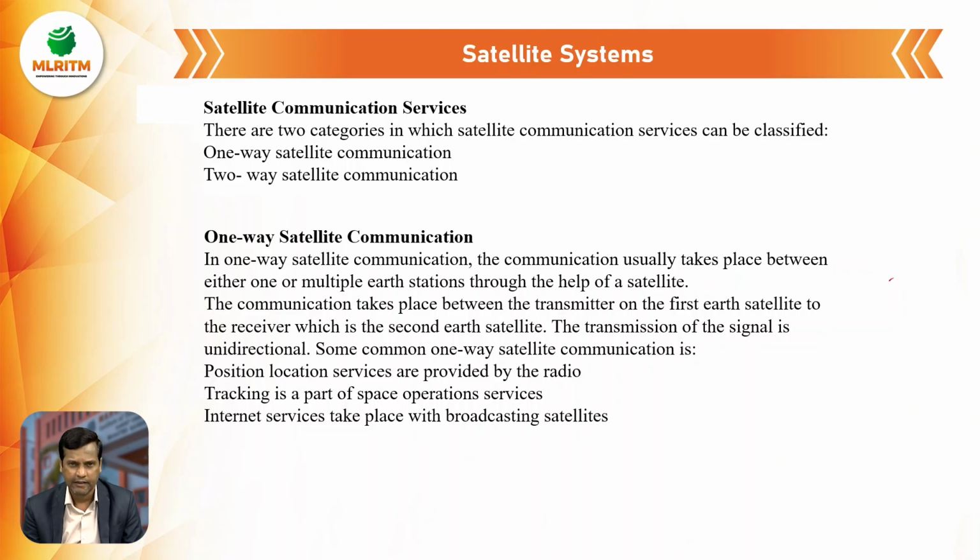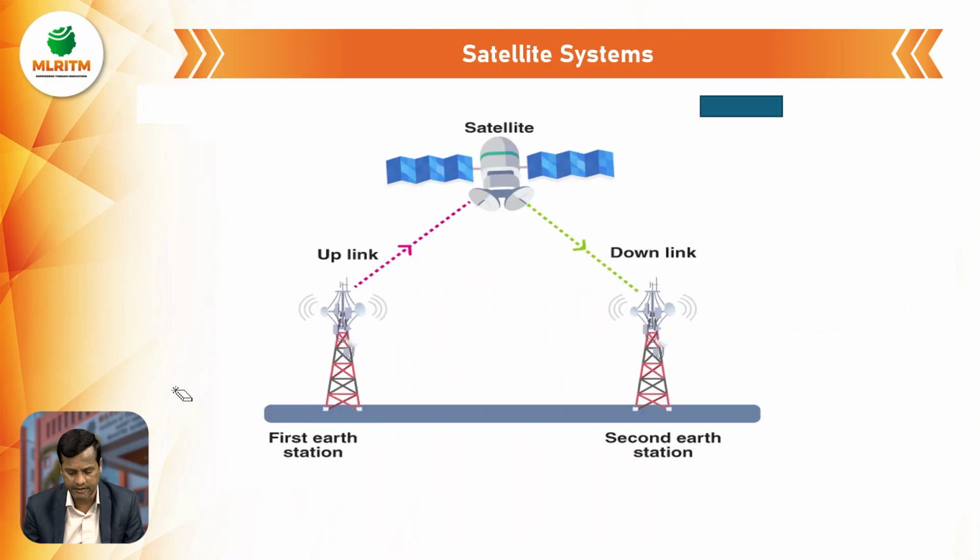Some common one-way satellite communications are position location services provided by radio, tracking as part of space operation services, and internet services with broadcasting satellites. This is one-way satellite communication.